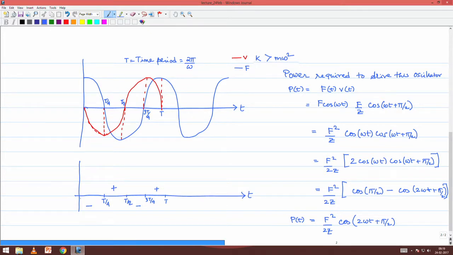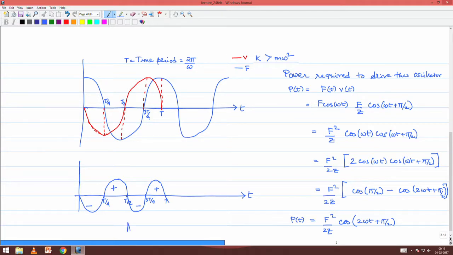So, the instantaneous power would go something like this. But what is the average value of this power? The average value of this power is readily seen to be 0, because it is going in the positive direction as well as in the negative direction.